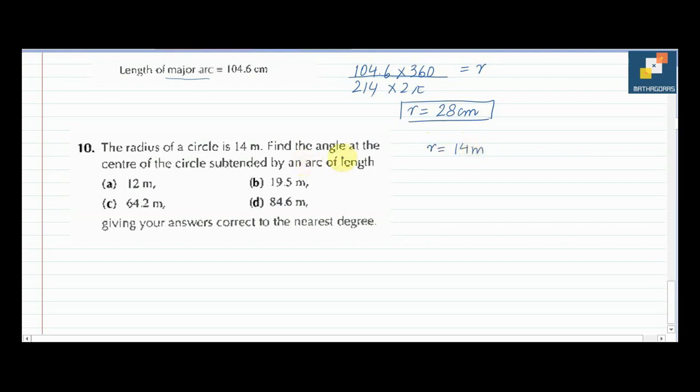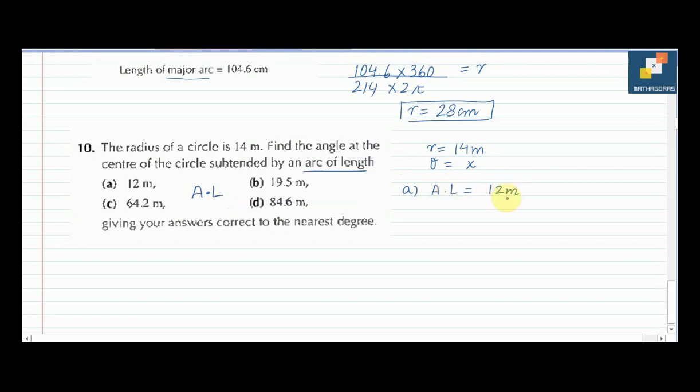Find the angle at the center. In all those parts, theta is x, right? Find the angle at the center of the circle subtended by an arc length. Now these 4 parts, basically these are the values of arc length. For the first part we have arc length equal to 12 meter.